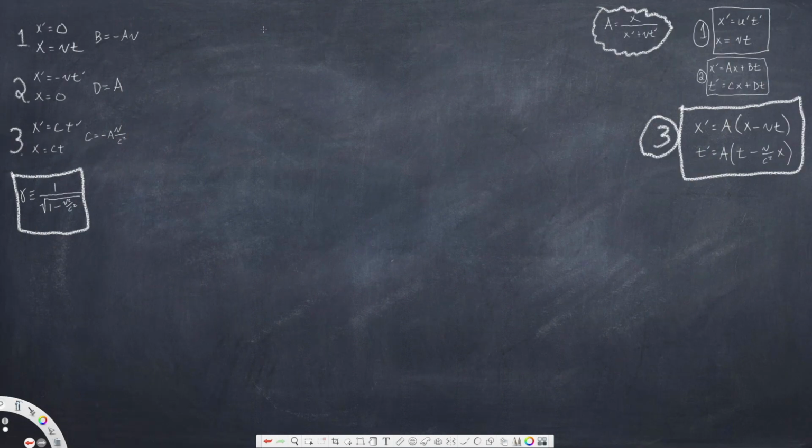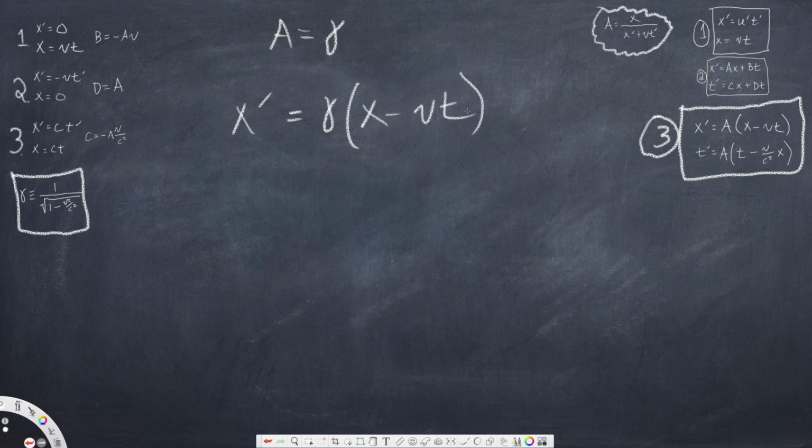So, given a is gamma, and gamma is defined as 1 over the square root of 1 minus v squared over c squared, our equations, like from equation 3, become x prime equals gamma times the Galilean transformation. And t prime equals gamma times t minus v over c squared x.